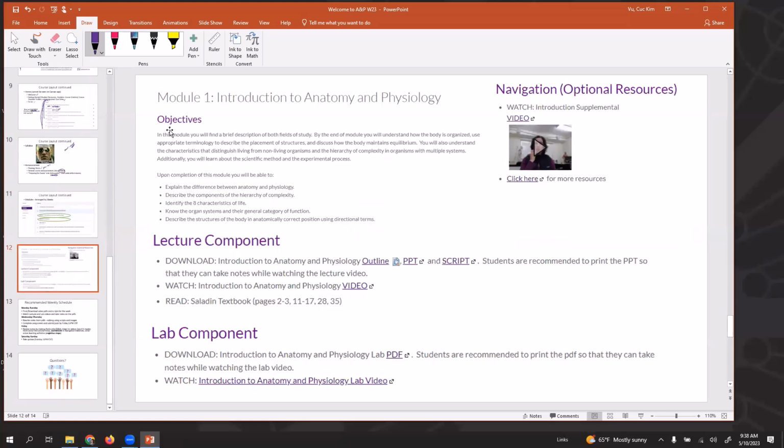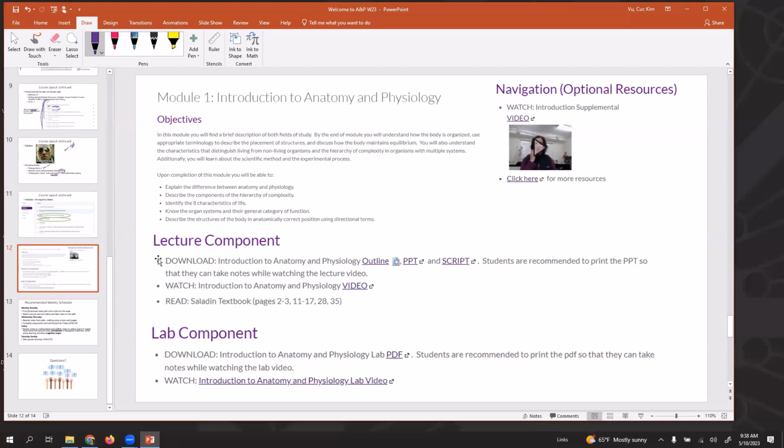Here is an example of what module 1 looks like. It will always give you the objectives followed by the lecture components, and that's where you'll find the outline as well as the PowerPoint, the script, and the videos. Bridget, where it says read the textbook pages 2 to 3, 11 to 17, 28, and 35, this is at the very end because that should be the last thing that you do.